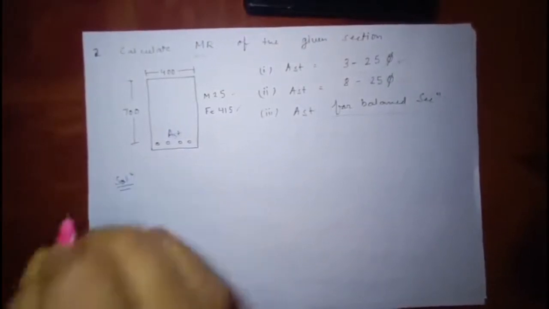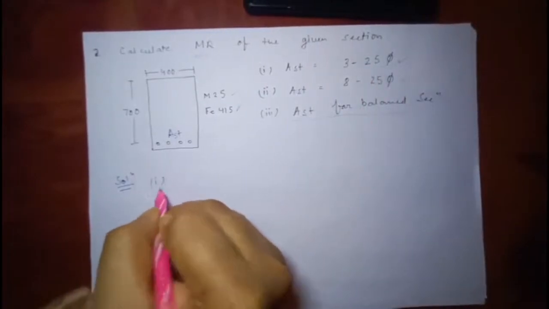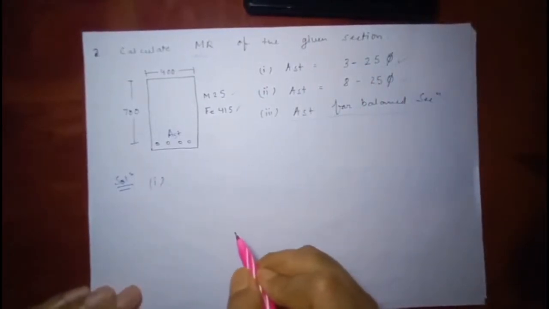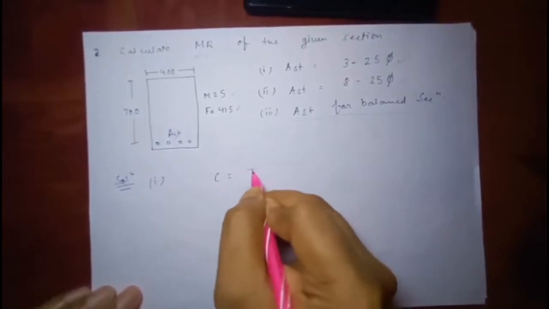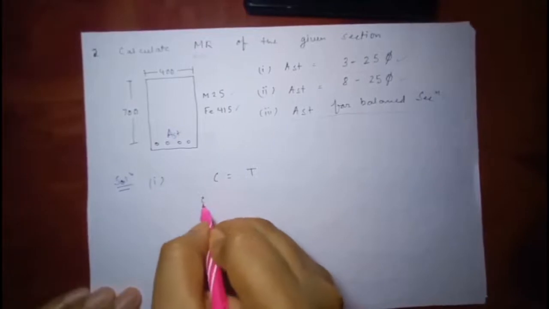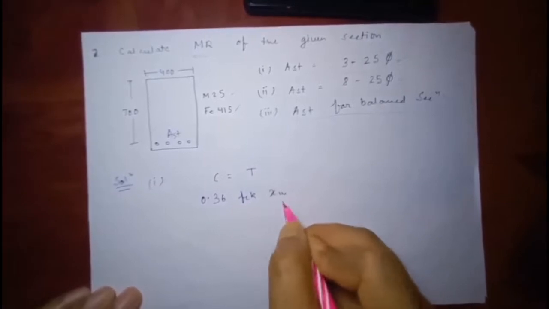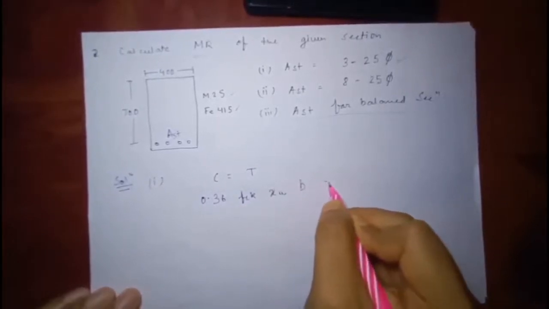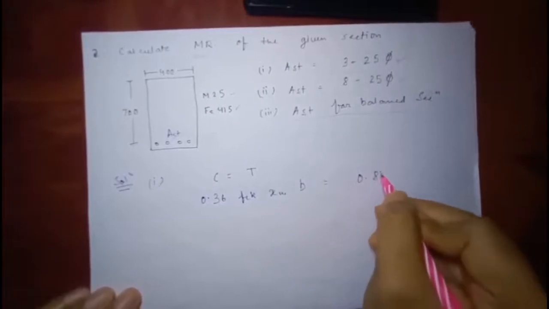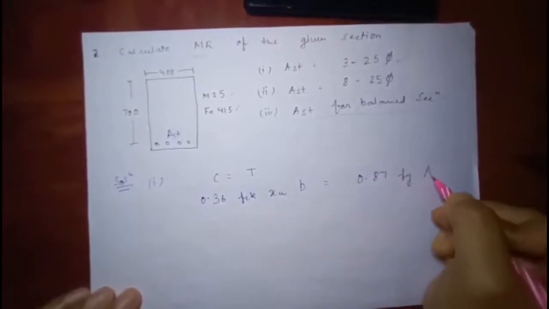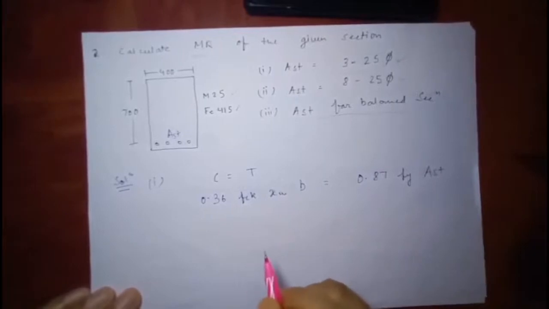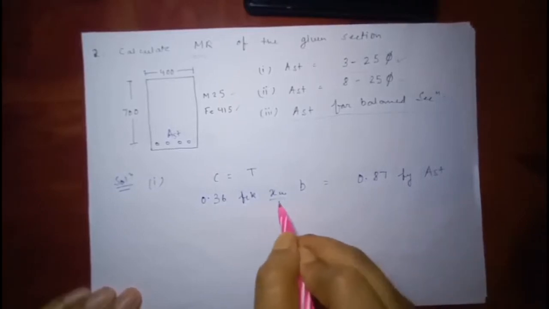So first of all, if I consider that AST is equal to 3-25 dia bars, so for the position of neutral axis, I know that C is equal to T, and 0.36 FCK XU B is equal to 0.87 FY AST. And now just by replacing the values, I need to get the value of XU first.